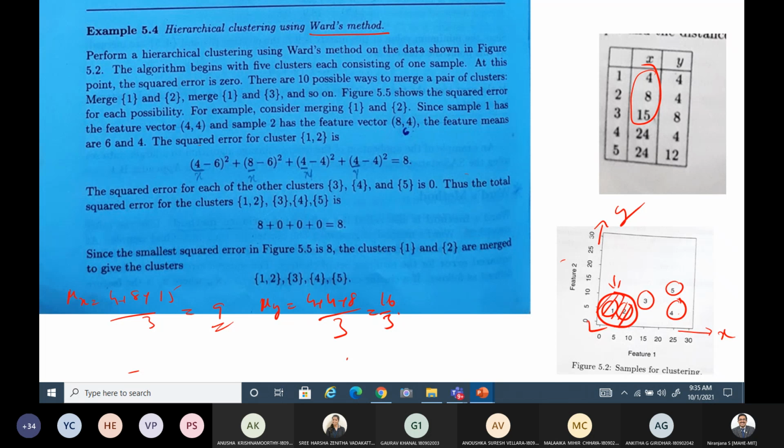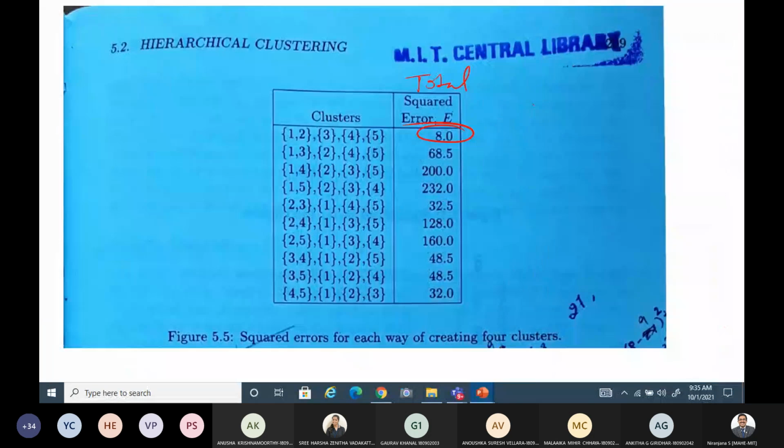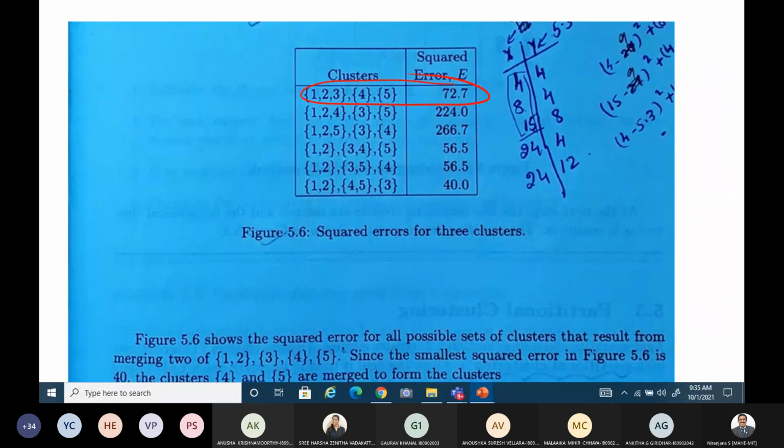Once you calculate this, then you can do the rest of the error calculation: how x_ij is differing from mu x, or how each x or y is differing from the mu value. That gives you the error here. Are you getting 72.7? Please verify.